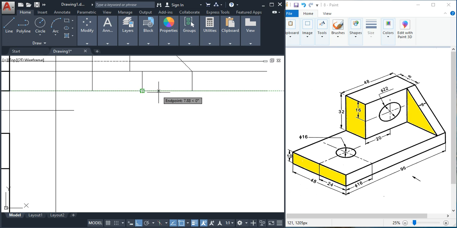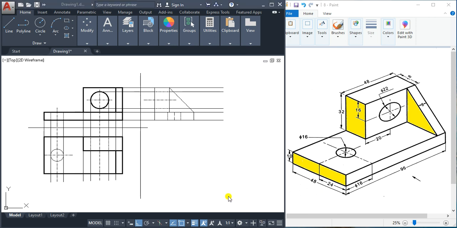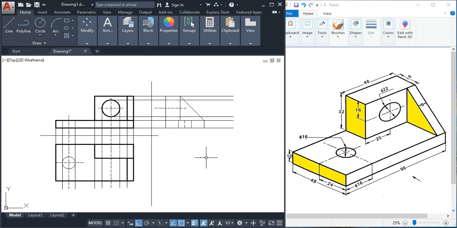From here you can come 8, we can draw a vertical line of the same height here, and from here also you can go 8 and draw a vertical line to this length. And we'll make these also axis lines and dotted lines. You can make those lines as axis and dotted lines here.